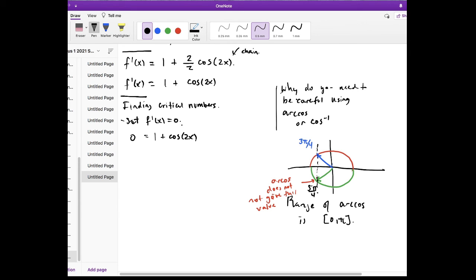Yeah, double angle formula. So you have 0 is equal to 1 plus cosine squared minus sine squared. So you probably want to turn one of these things into the other, right? So why don't we turn cosine squared into 1 minus sine squared?